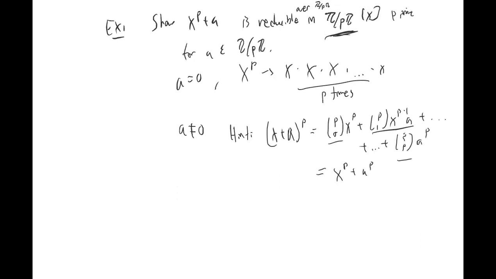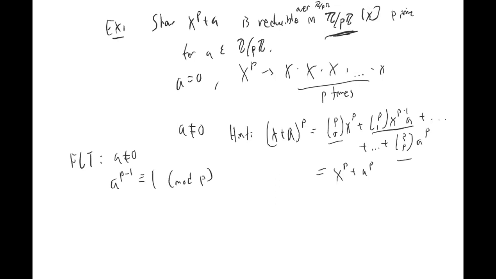Okay, so can you all conclude the result now? What's the next step? You all learned this. What does Fermat's little theorem tell you? If a is not 0, what is a to the p minus 1 congruent to? 1 mod p.